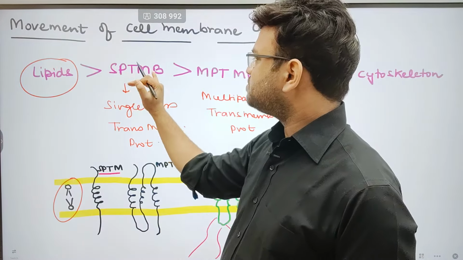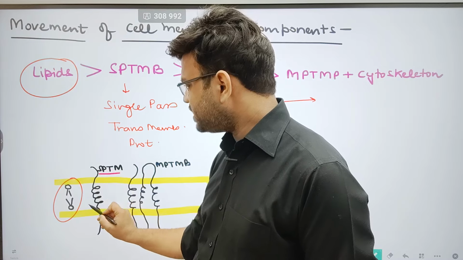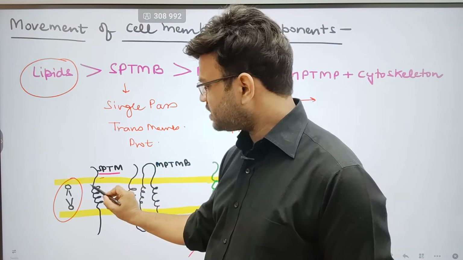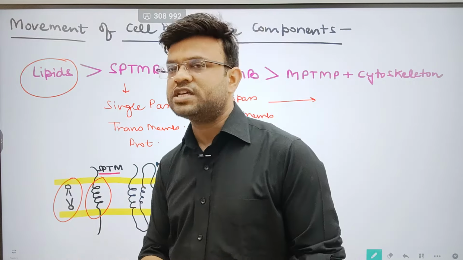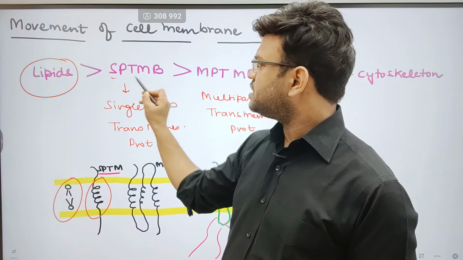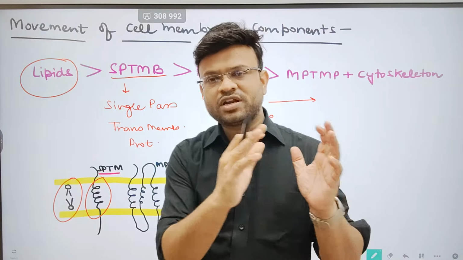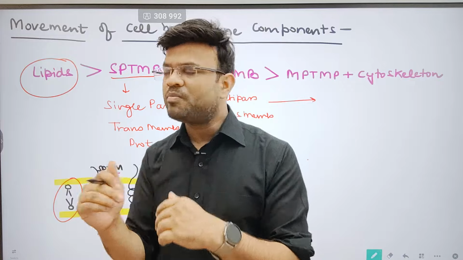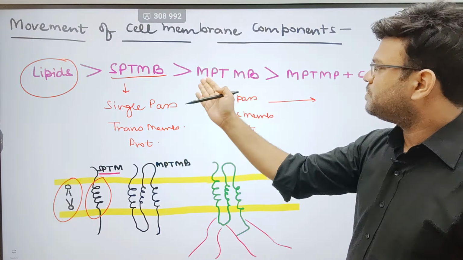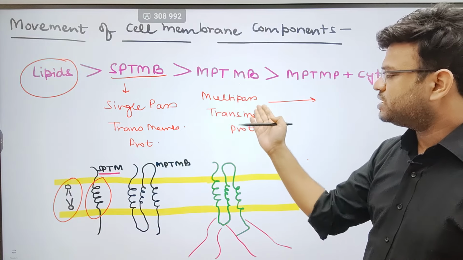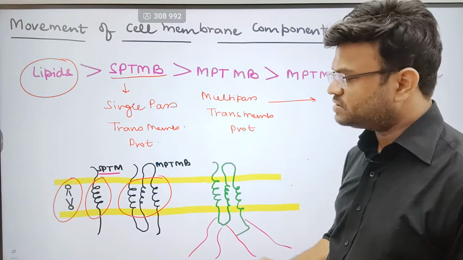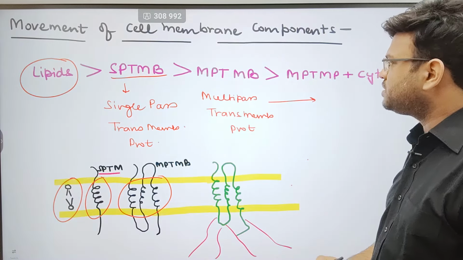Single pass transmembrane protein means the protein has crossed the plasma membrane only one time. So you can see that only once the plasma membrane has been crossed, therefore it is called a single pass transmembrane protein. Just after lipid, the next mobile component would be single pass transmembrane protein, followed by this multi-pass transmembrane protein. Multi-pass means it will be crossing the plasma membrane multiple times.